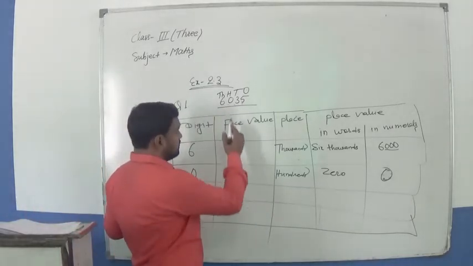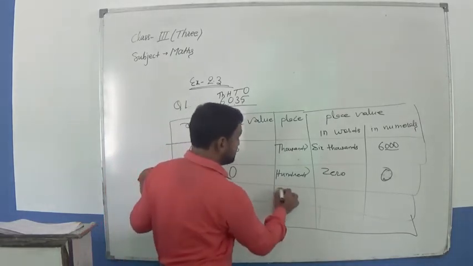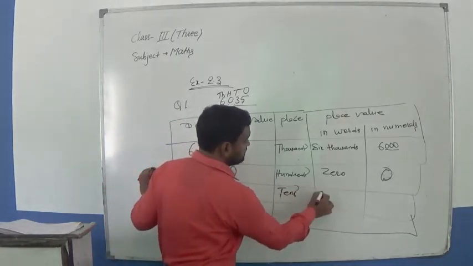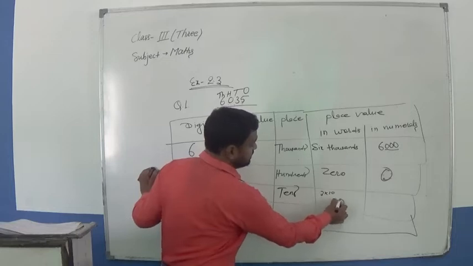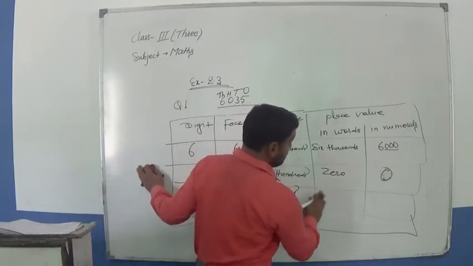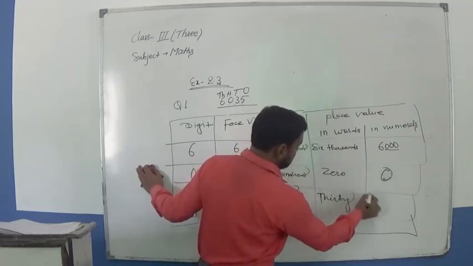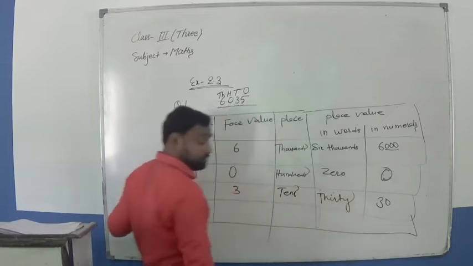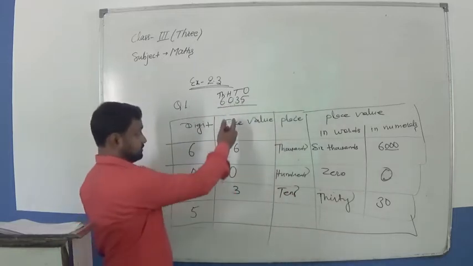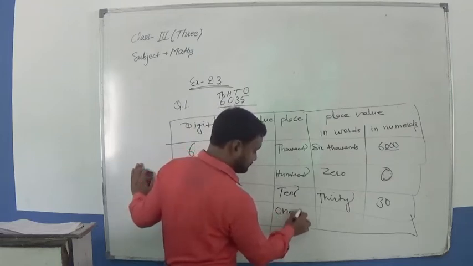Next, 3. Face value remains 3 and it is at the tens place. 3 multiplied by 10 is 30. You have to write 30 in words, and in numerals it is 30. Face value 5. It is at the ones place.